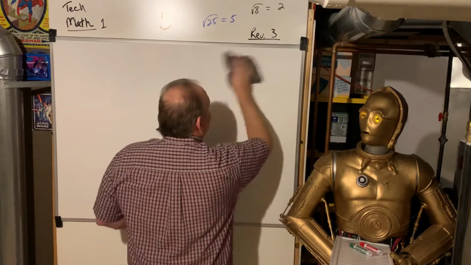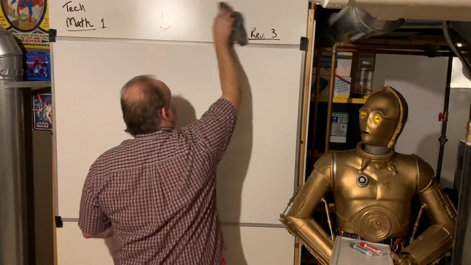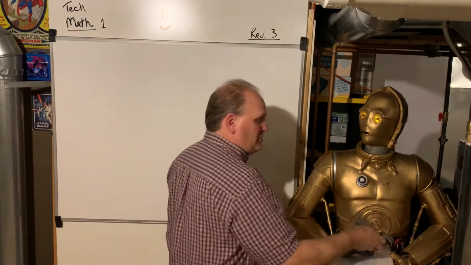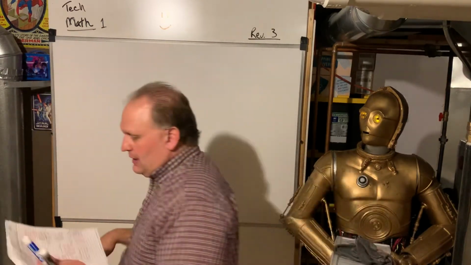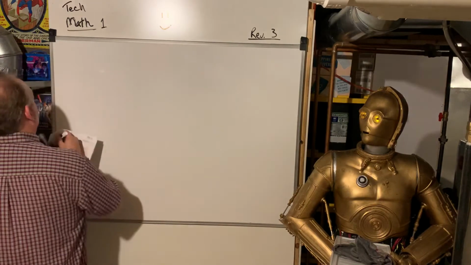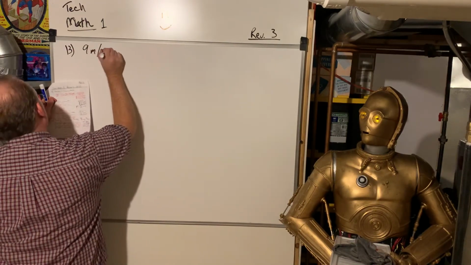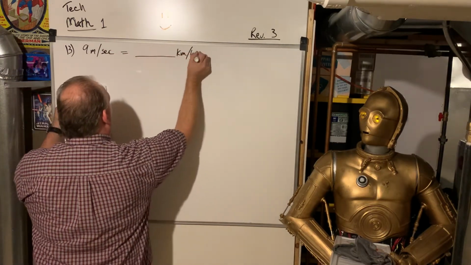There are 60 minutes in an hour and 60 seconds in a minute. So if you take 60 times 60, that is 3,600. That's how many seconds there are in an hour. So we're going to need that because they want us to convert 9 meters per second into kilometers per hour.